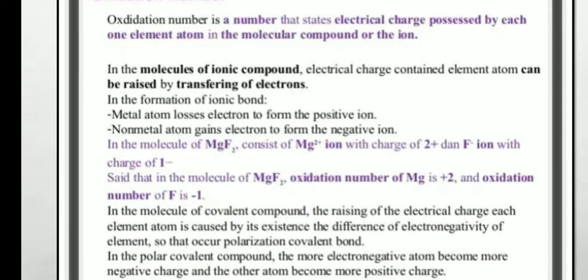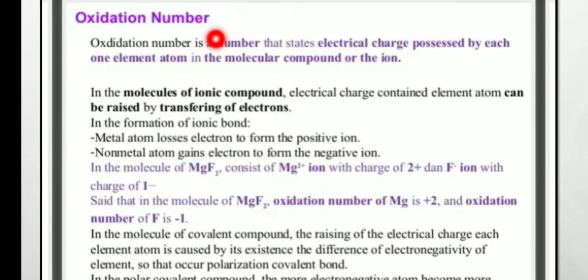Next one, oxidation number. Oxidation number is a number that states the electrical charge possessed by each element atom in the molecular compound or the ion. The molecules are ionic compounds. The electrical charge contained by an element atom can be raised by transferring of electrons.